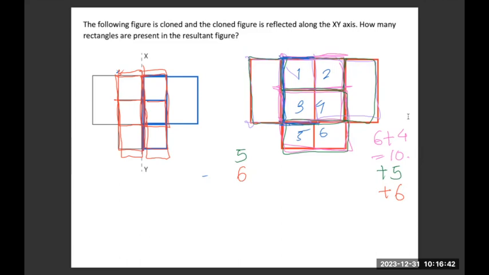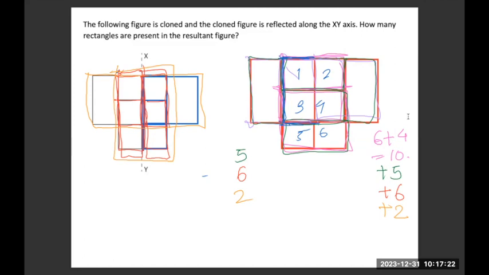Besides that, there will be, use a different color. Yeah, I think this will suffice. 1, 2, plus 2. Hope I'm not missing. Yeah.